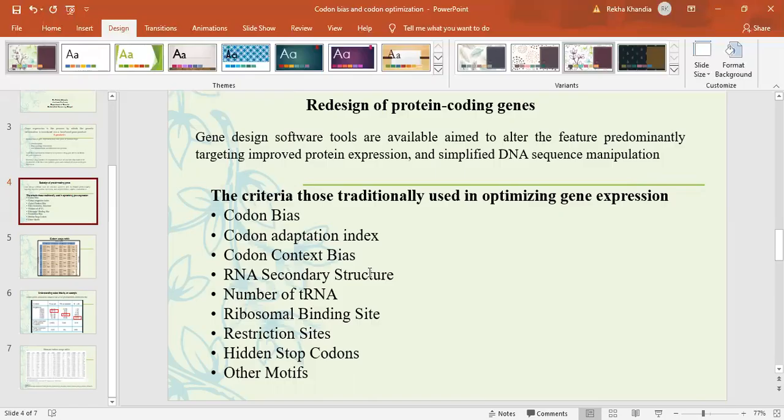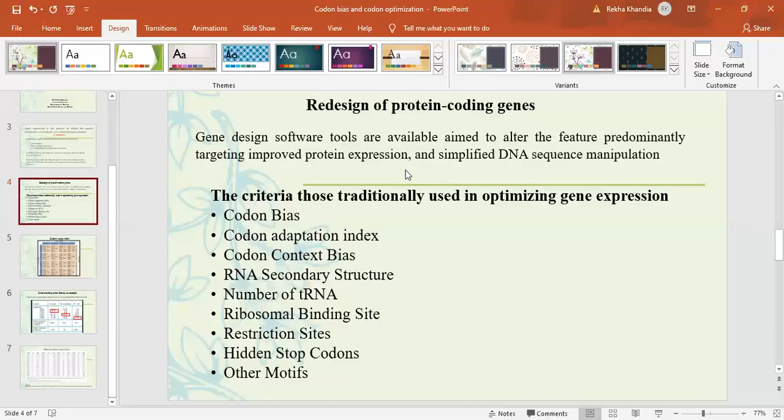Like if a human gene like insulin or any other gene is expressed in E. coli, the codon adaptation index of that particular gene will range from 0 to 1, and the higher the codon adaptation index, the closer it is to the value of 1, and it will be more likely to be expressed highly.